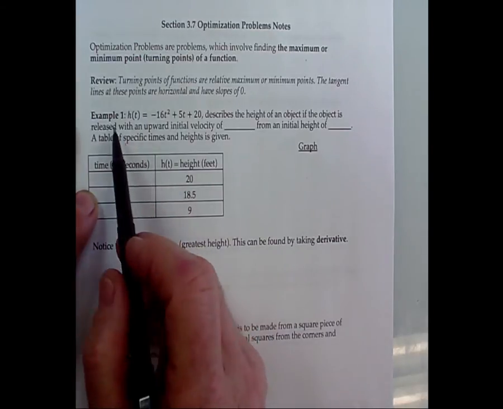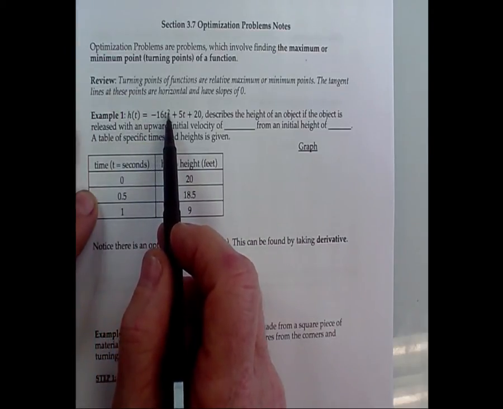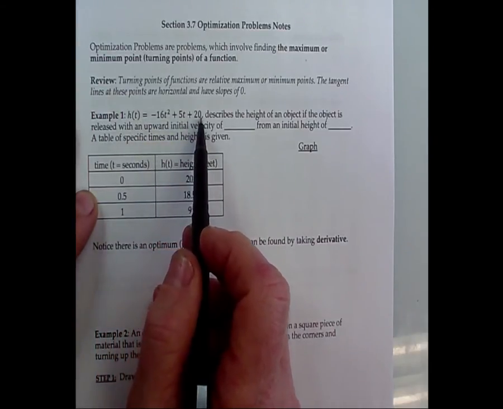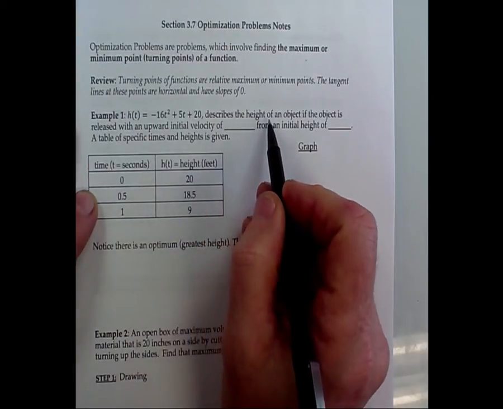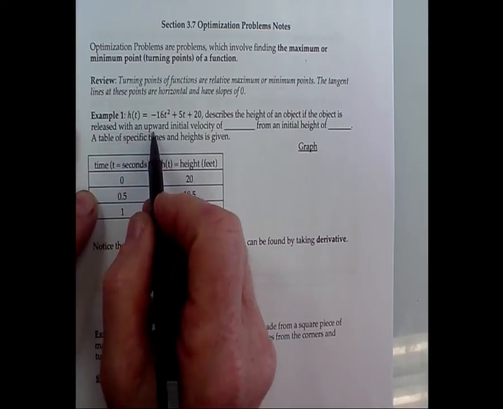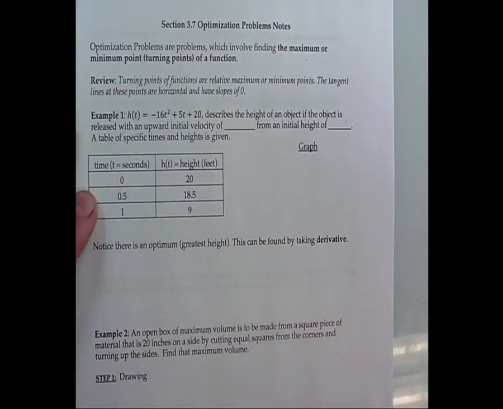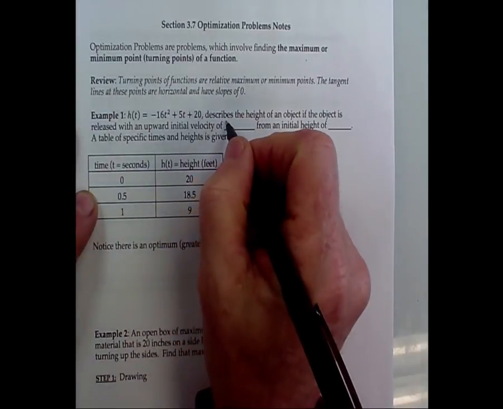Okay. So example, h of t equals negative 16t squared plus 5t plus 20 describes the height of an object if the object is released with an upward initial velocity of what? 5 what?